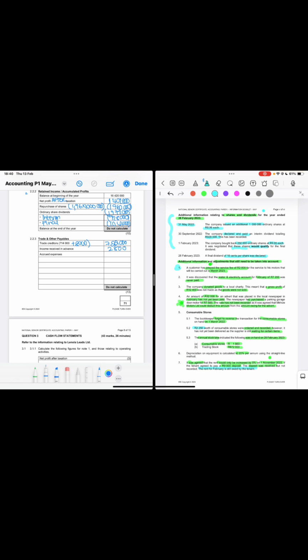Then you have your accrued expenses. Accrued expenses, these are expenses that you have not yet paid for but you incurred. The water and electricity of 7,200. Yes, 7,200 water, electricity. And then what else? We had an amount of 32,000 placed, 32,000 advert.